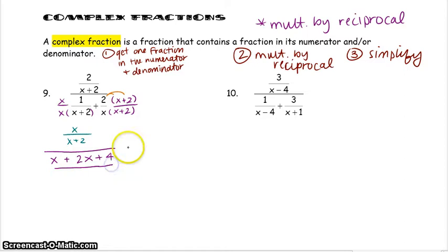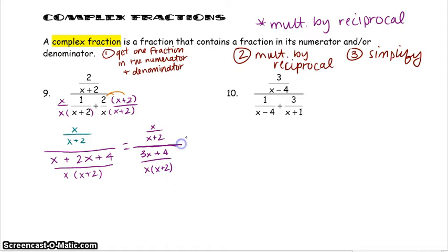And that's all over x times x plus 2. Okay, so let's simplify this. Okay, so we still have our x on top and x plus 2 on top as our numerator. And then our denominator, x plus 2x is 3x plus 4. And that's all over x times x plus 2.